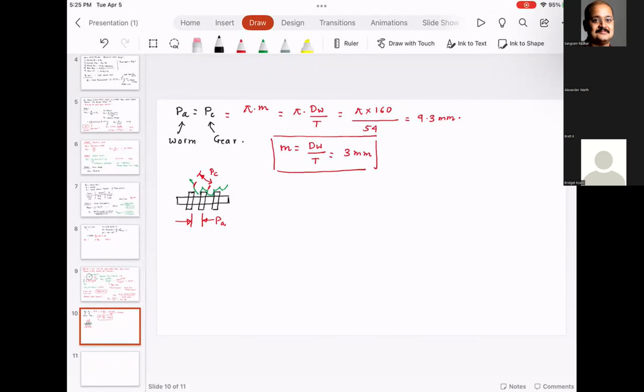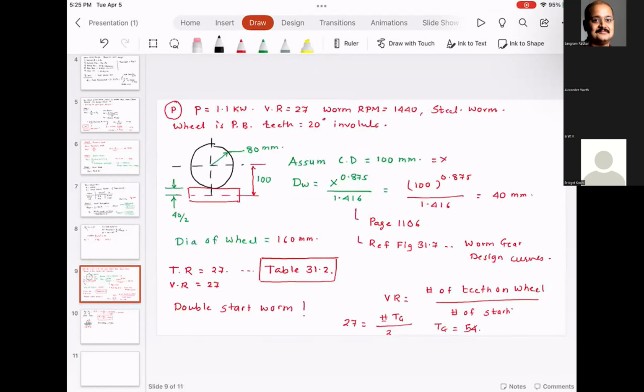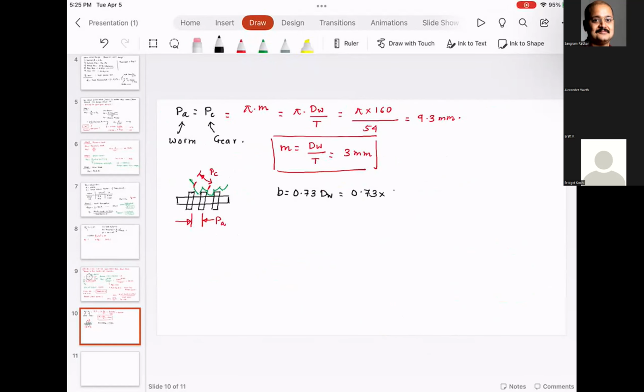And what I'm going to do is find out the value of B, which is an empirical relationship, 0.73 dW, where dW is the diameter of the worm. 0.73 times dW, which is 40 millimeters, so you get about 28 millimeter. Now with that, we are ready to do the wheel design.